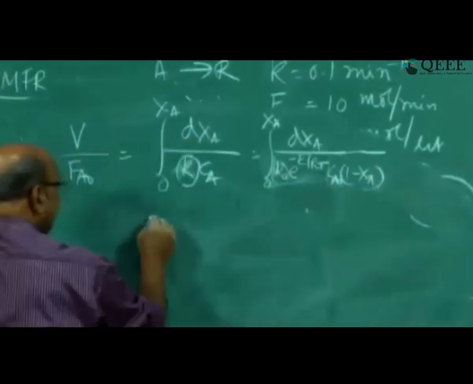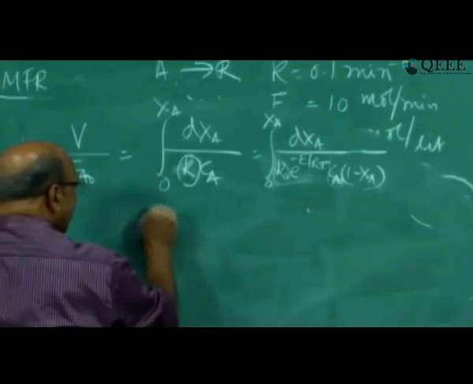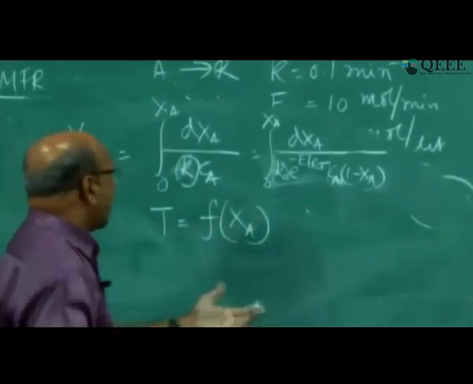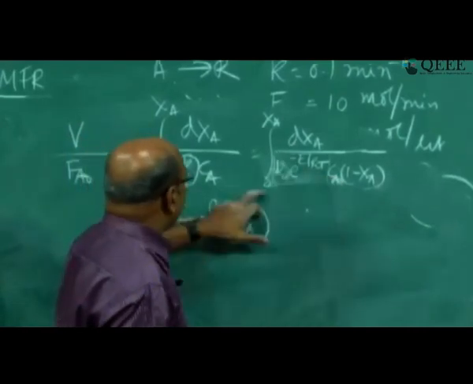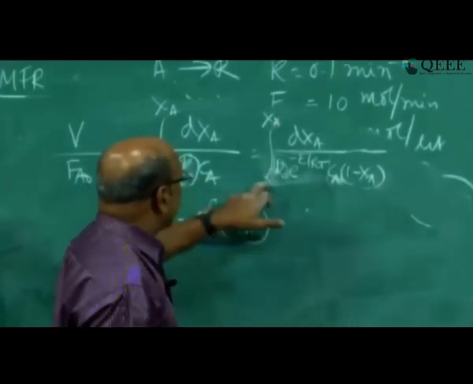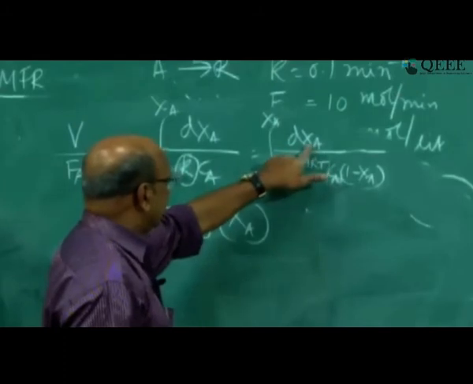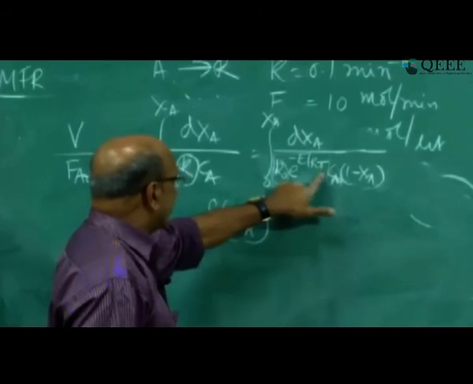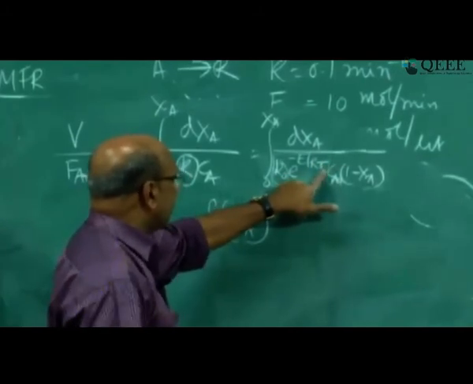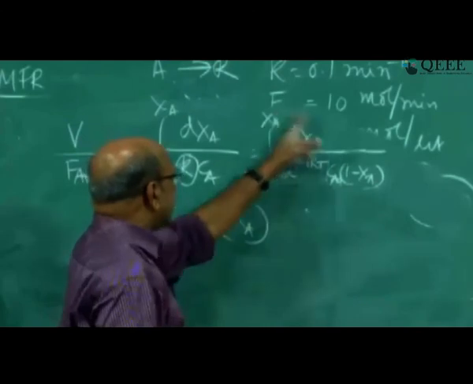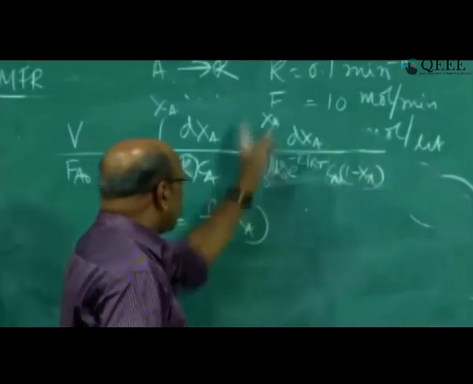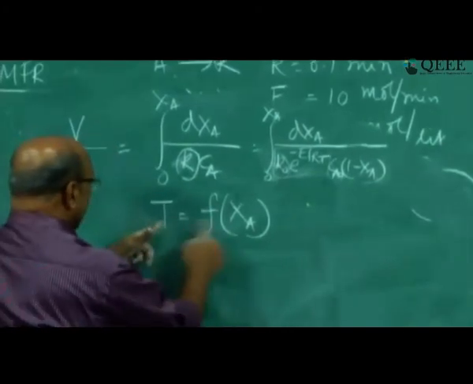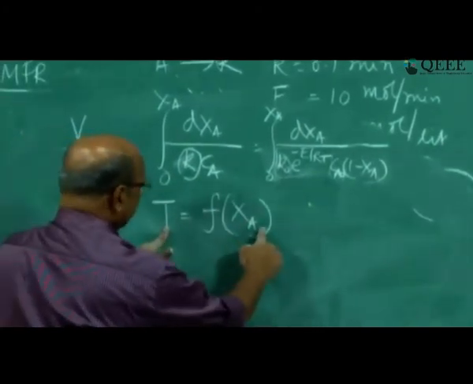So that is why you have to express T as a function of X A. Otherwise, I can't integrate, because the variable of integration here is only X A. But I have another variable that is coming into the equation under integration, which is T. So unless I convert this entire expression into T or into X, I can't integrate. So that is why you need information connecting temperature with conversion.